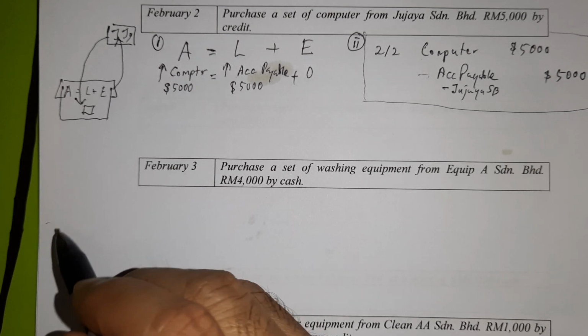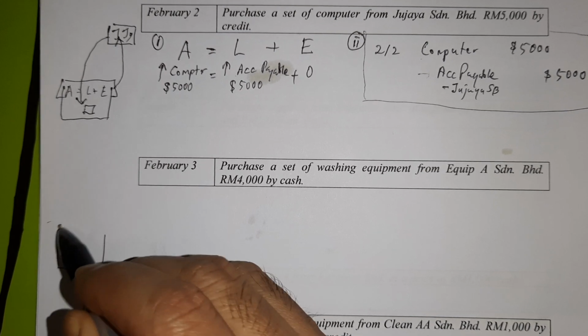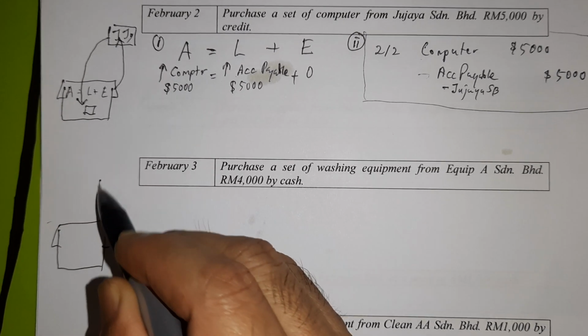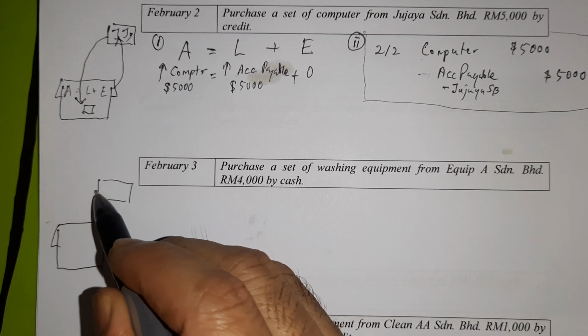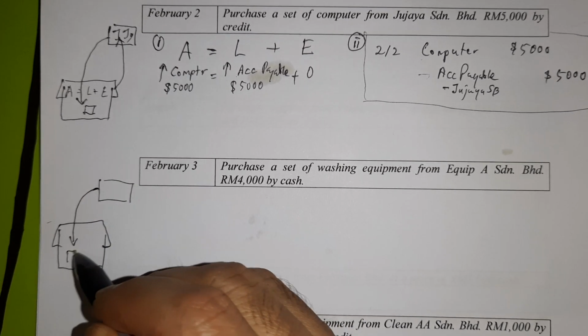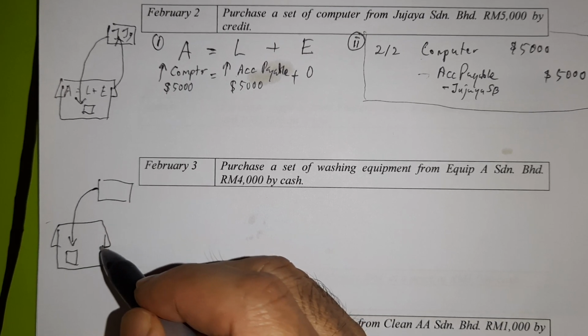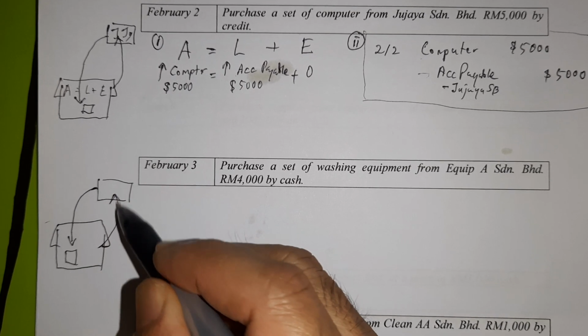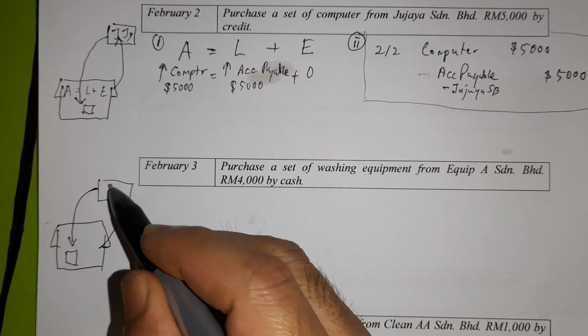So what is the thing that happened to the business? This is the business. This is the supplier. The supplier sends the washing equipment, and the business pays cash to the supplier.